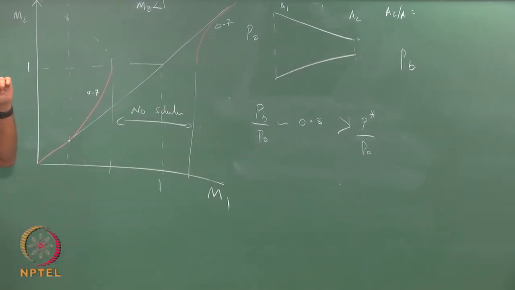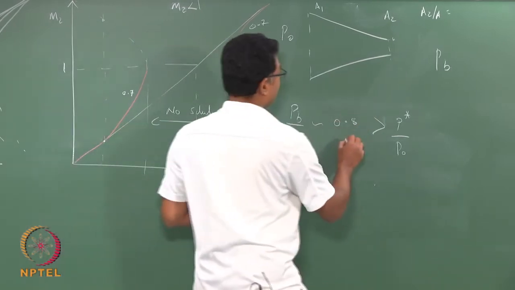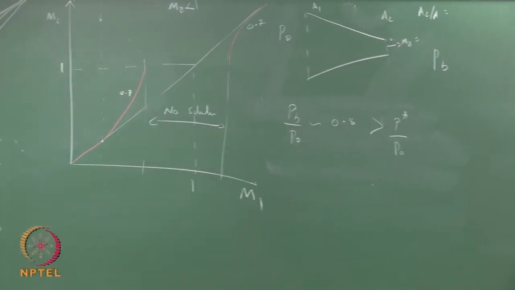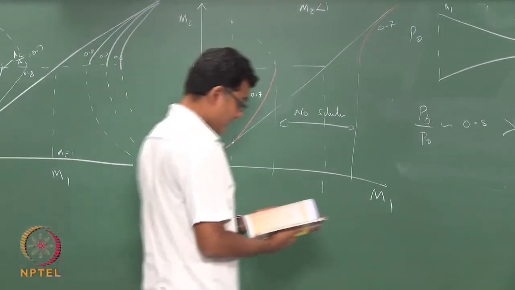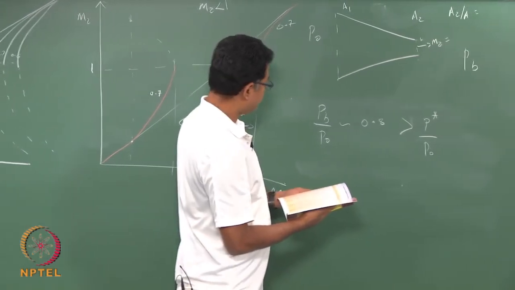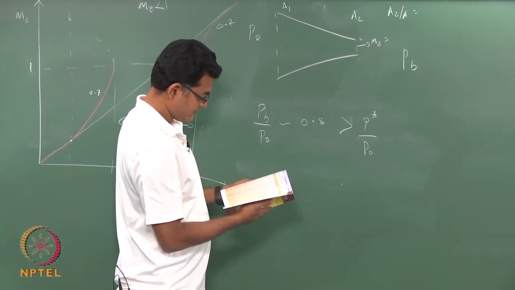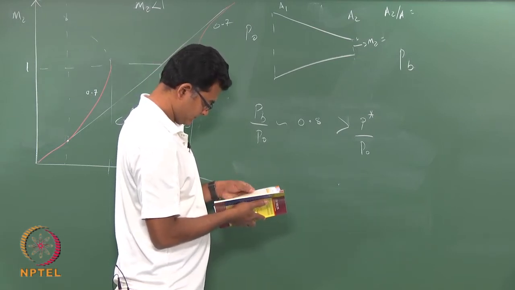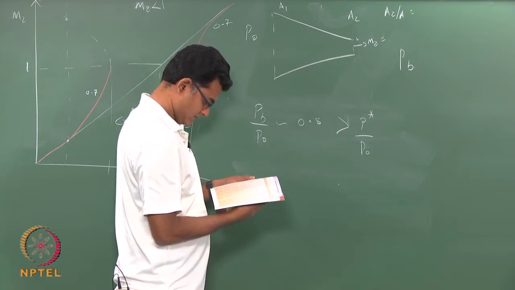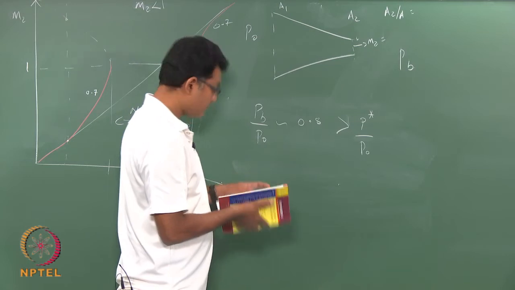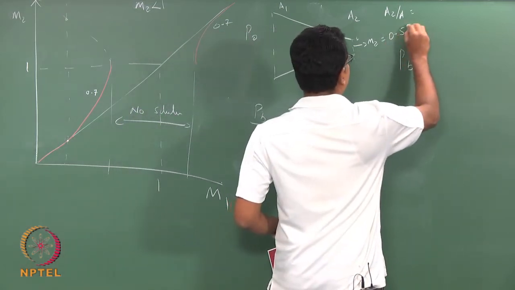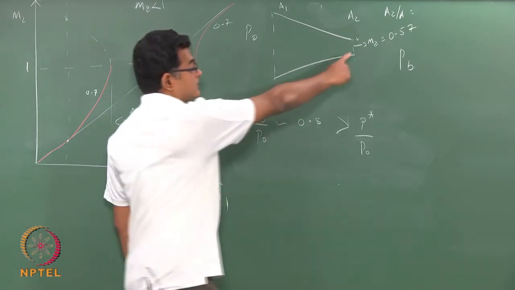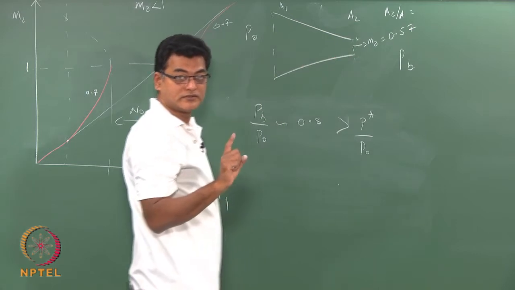So if PB by P0 is 0.8, I look at the tables and the Mach number is 0.57. Unless I change this pressure ratio, this exit Mach number is not going to change.